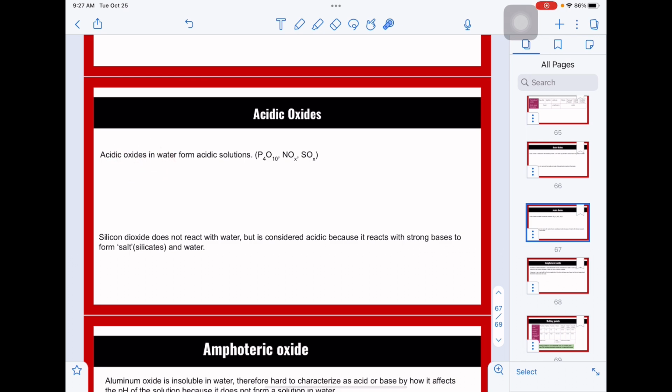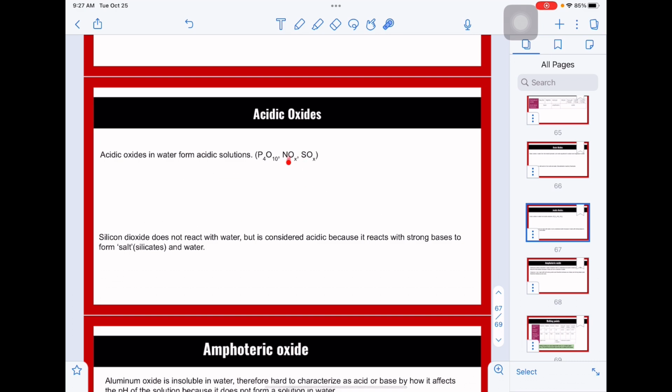When you put these acidic oxides in water, you form the acids like phosphoric acid or phosphorus acid, and then nitrous acid or nitric acid, and sulfuric acid and sulfurous acid. Okay, I will ask you guys to find these equations in either your textbook, actually Cognity, or your Pearson textbook, and write the equations here. These are important to know as well.